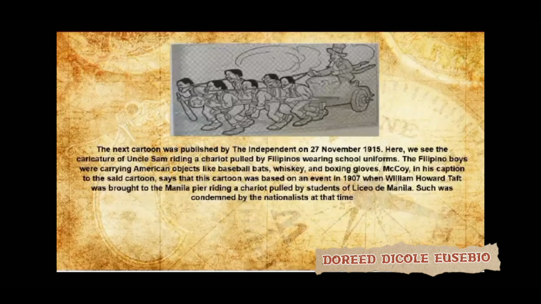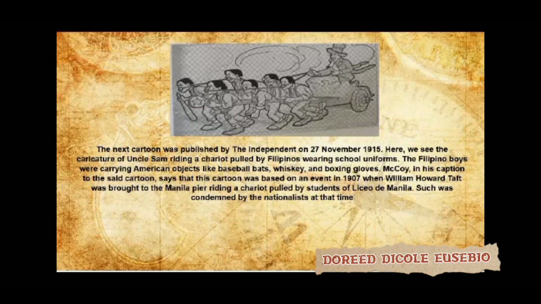The next cartoon was published by The Independent on 27 November 1915. Here we see the caricature of Uncle Sam riding a chariot pulled by Filipinos wearing school uniforms. The Filipino boys were carrying American objects like baseball bats, whiskey, and boxing gloves.